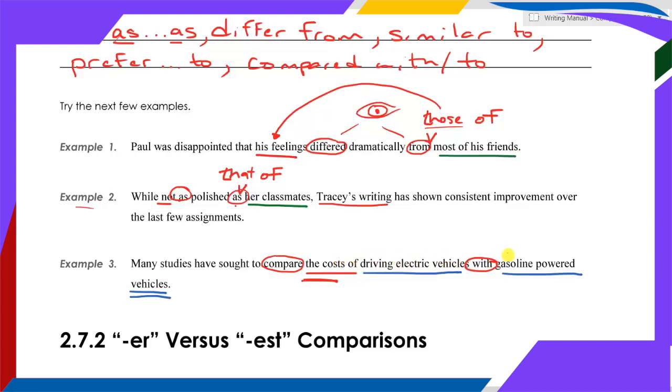In this case, we are going to insert "those" here, and now that will refer back to costs. So the sentence becomes, many studies have sought to compare the costs of driving electric vehicles with the costs, or those, of gasoline-powered vehicles.